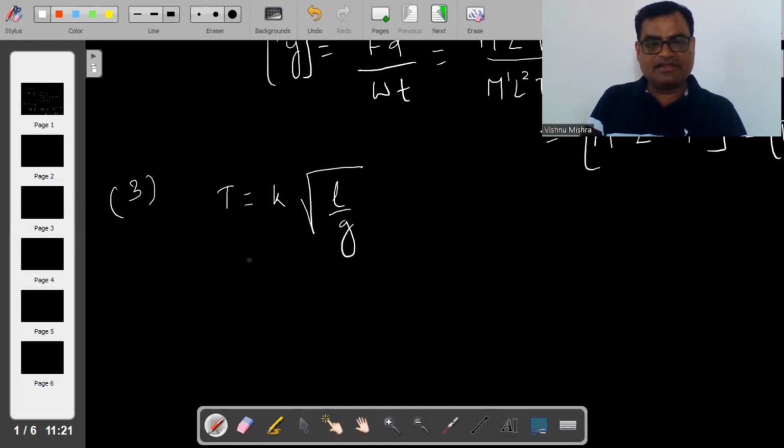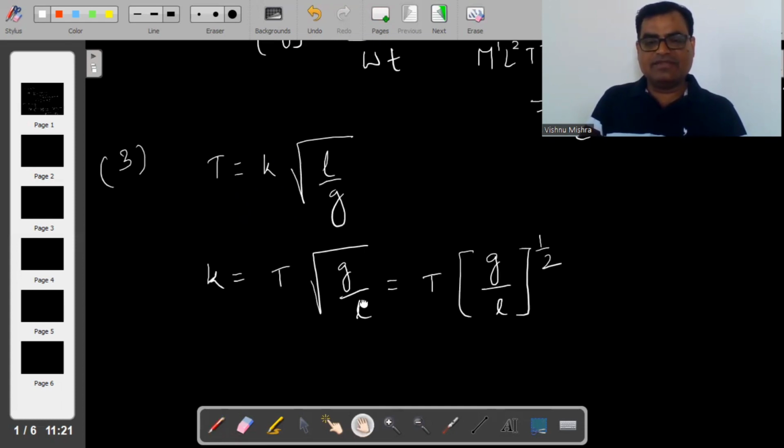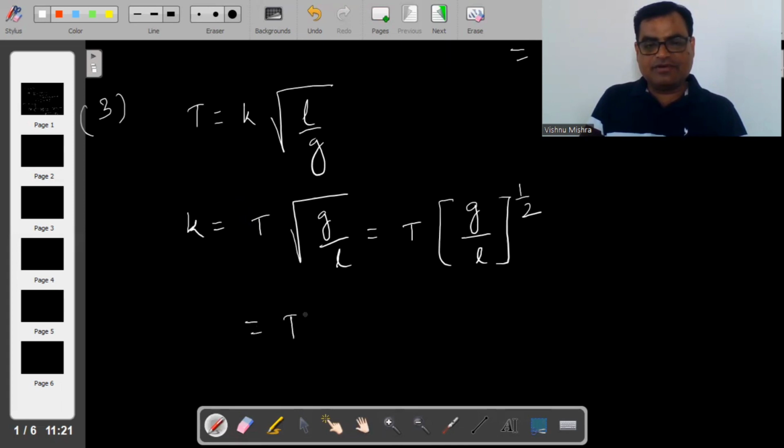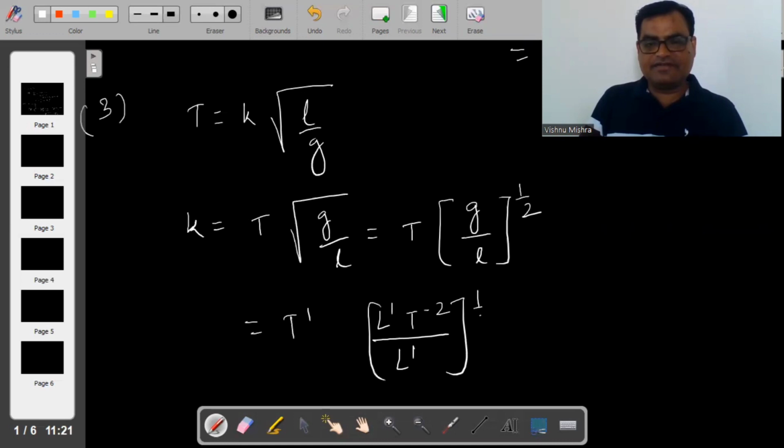So I can write k is equal to T square root of g by L, or this is T times g by L to the power 1 by 2. Now find out the dimension. T is T1. g is L1 T minus 2, acceleration due to gravity, meter per second square, and divided by length L1, its power is half.